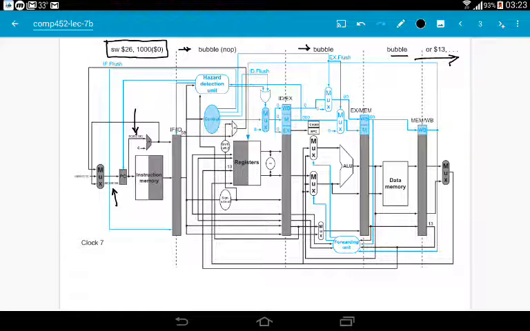So for now we are done with our discussion of exceptions, because when IO requests arrive, that's also an exception. And similarly, when a page fault happens, it's an exception. When a TLB miss happens, that's an exception. So there are a number of exceptions which we will talk about in chapter 5.